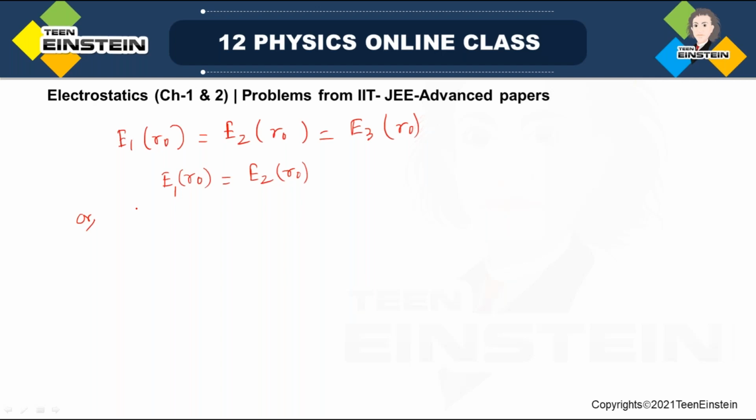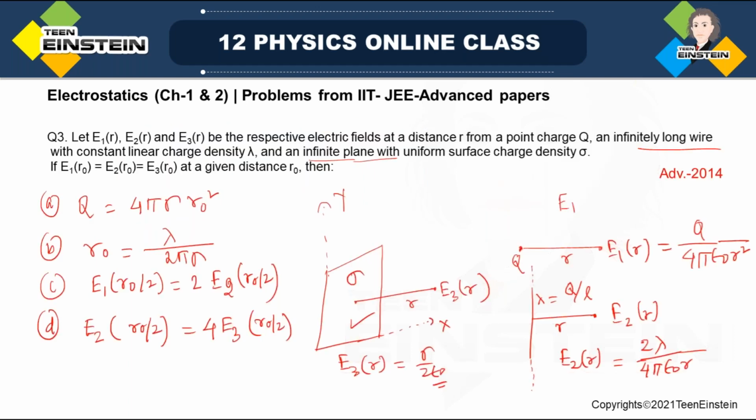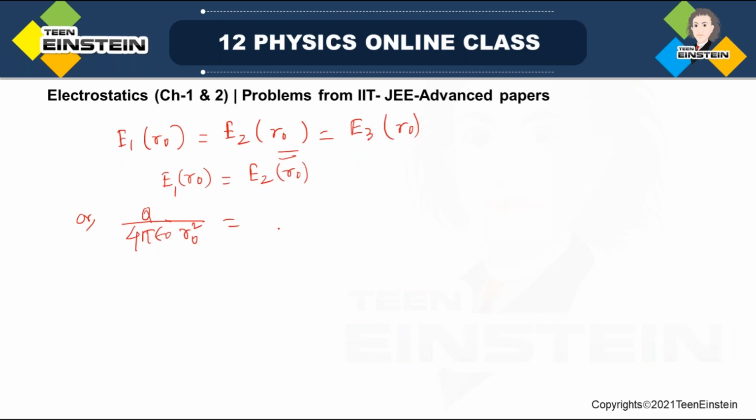This E1 is for a point charge, Q by 4 pi epsilon naught R0 square, and E2 is for a line charge, 2 lambda by... we are just writing E3 and E1, and we will try to find out something from there.